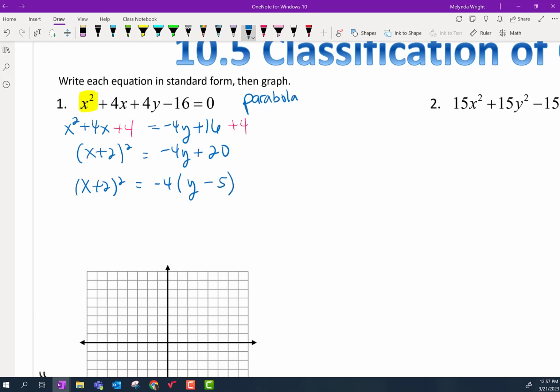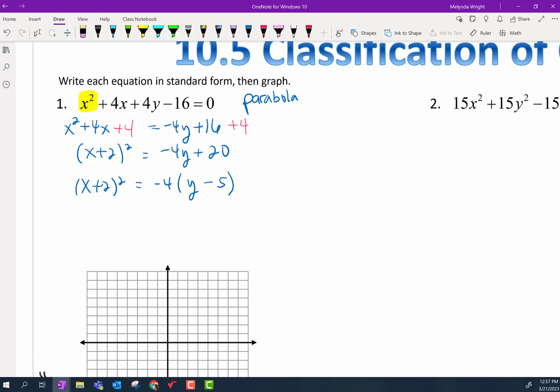All right, making progress. So this number right here should not be with the single variable. This number should be with the squared variable. That's where it's supposed to be. I would be able to tell that by looking at the standard form of the equation.